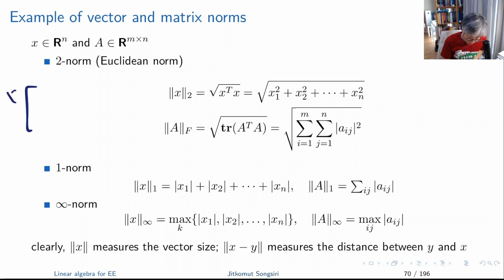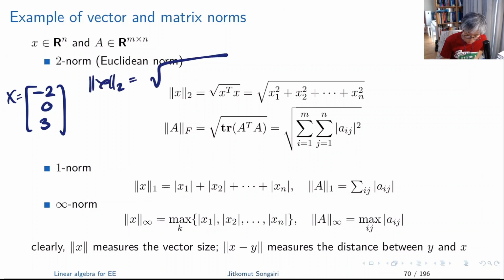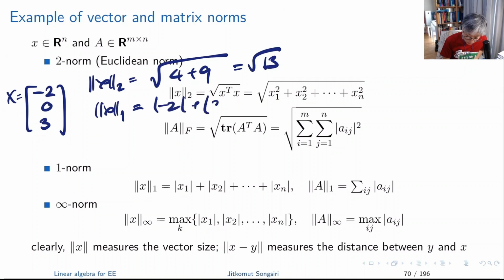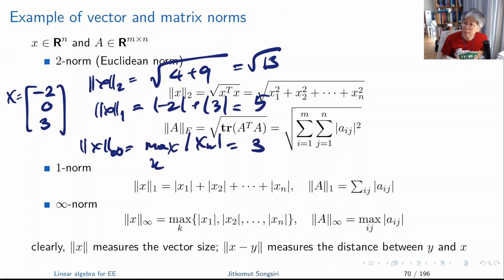Real quick, if I put x as negative 2, 0, 3, the norm 2 would be square root of 4 plus 9, which is square root 13. The norm 1 should be 5. The infinity norm should be 3.